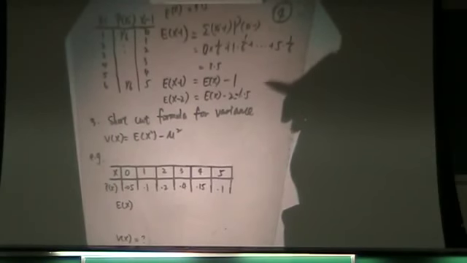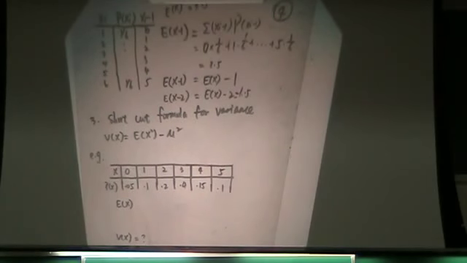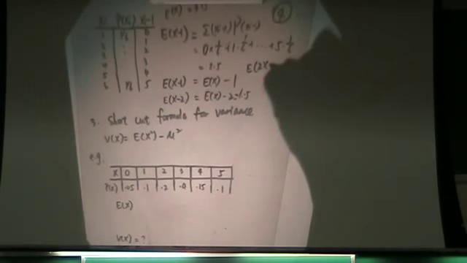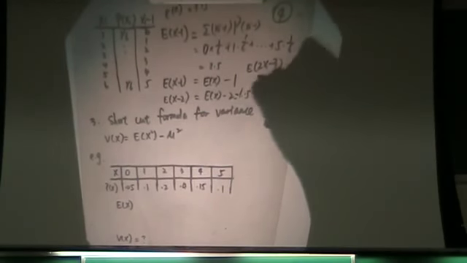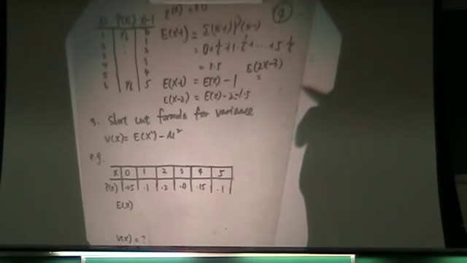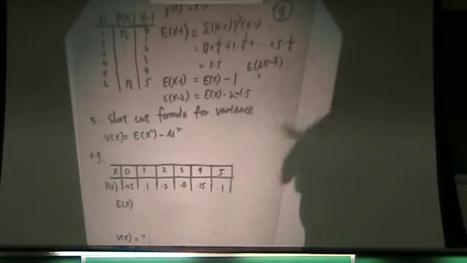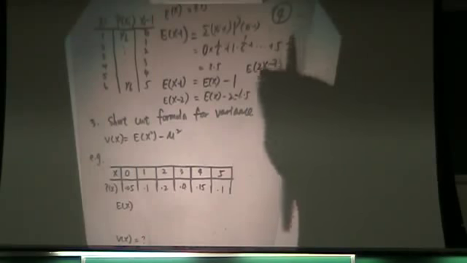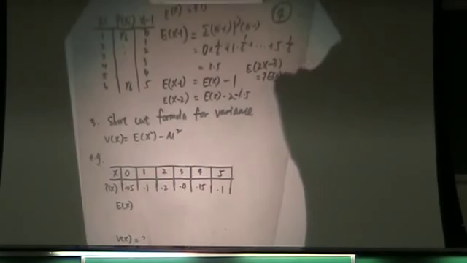What if I want the expected value of 2x minus 3 here? Do you know how to get this one? Do you have any clue? 2 times E(x), so 2 times 3.5, minus 3.